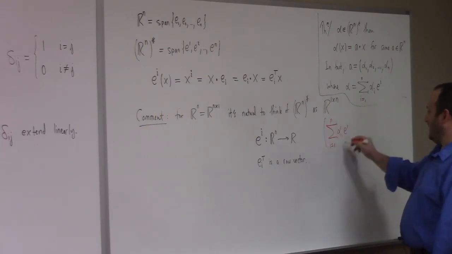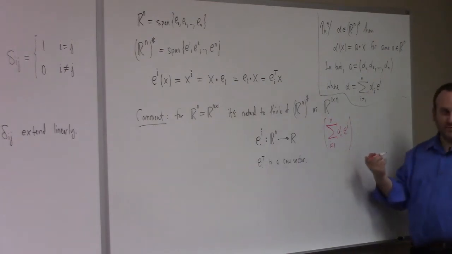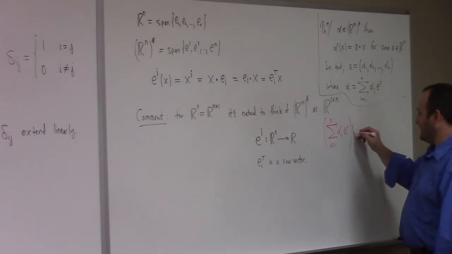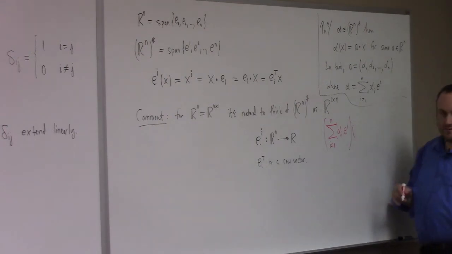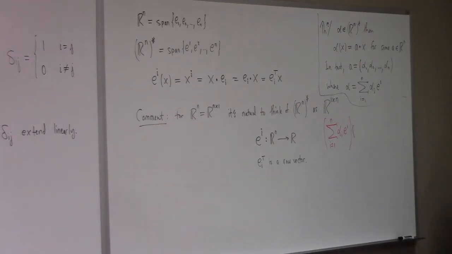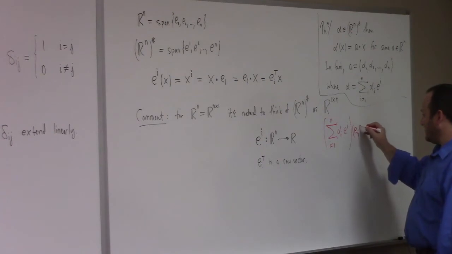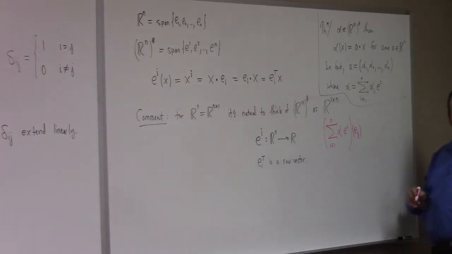This is a sum of dual vectors, a sum of linear transformations, so it's again a linear transformation. We can let that act on a vector and see what happens. We've learned by now that working with an arbitrary x is a drag; we should just look at a basis that fixes everything we need to know. So let's look at the jth standard basis vector and what happens when we do that.